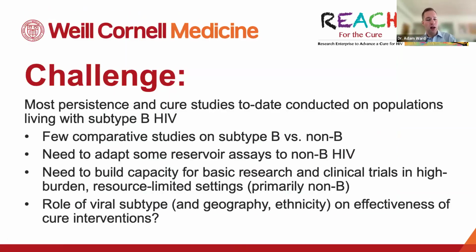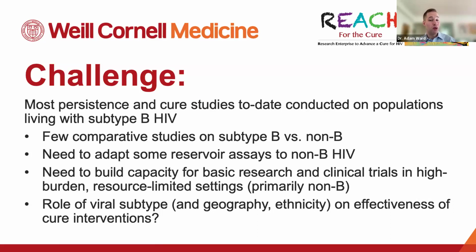So a challenge in HIV cure is that most persistence and cure studies to date have been conducted on populations living with subtype B HIV. So there have been few comparative studies on subtype B versus non-B. We also need to adapt some reservoir assays, particularly sequence-based assays, to non-subtype B HIV.